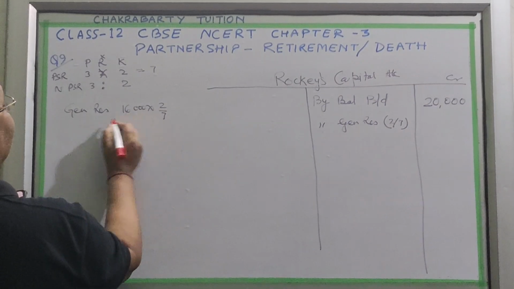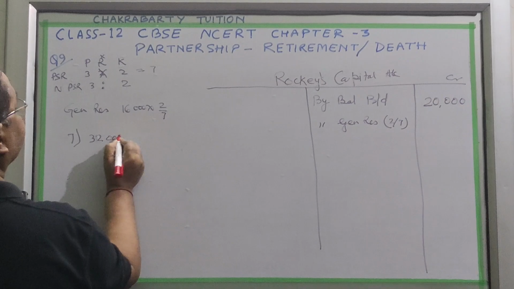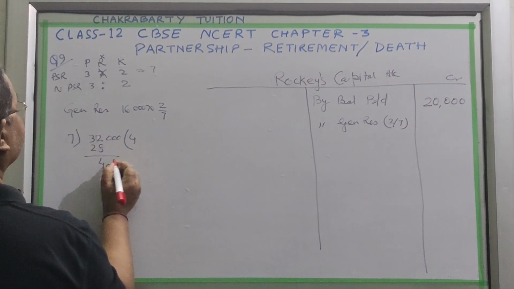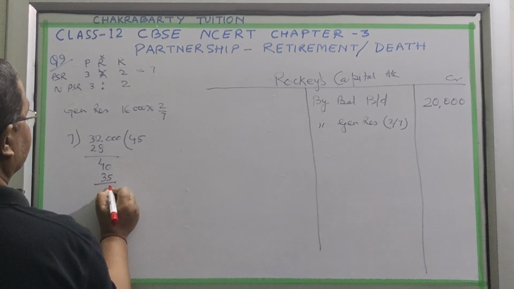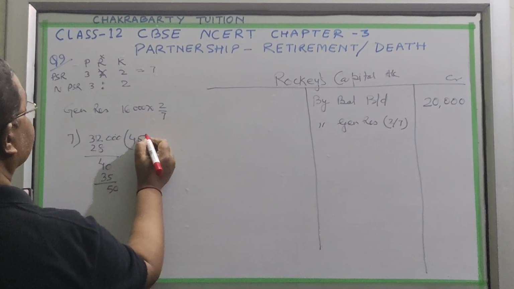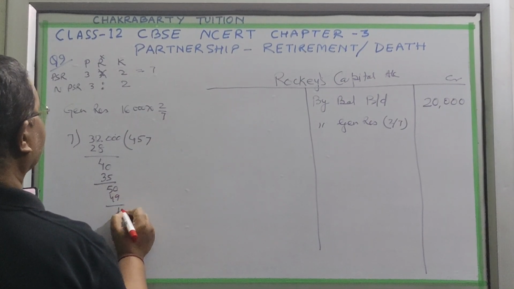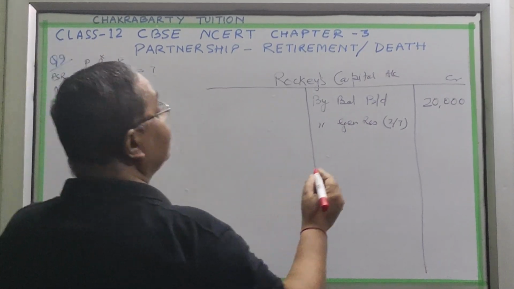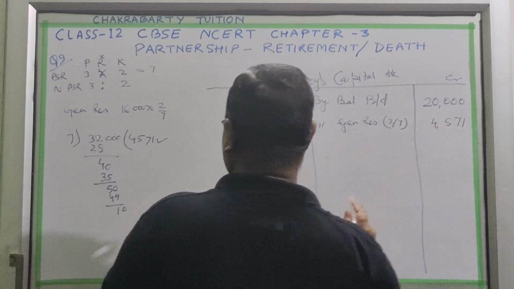It is not divisible, so we will divide manually. 32,000 divided by 7. So this will be his general reserve share, 4,571.